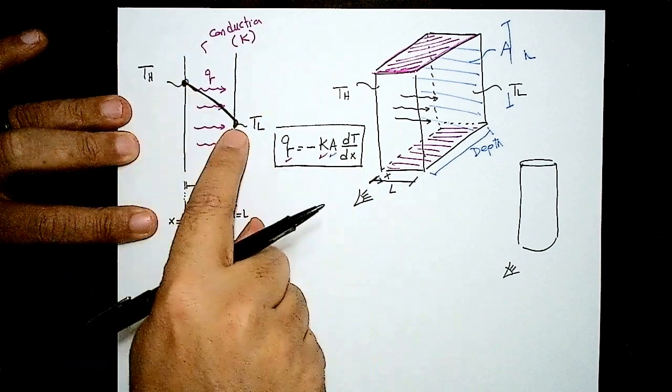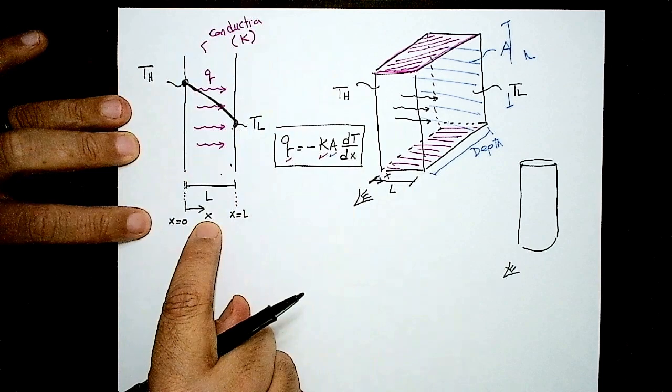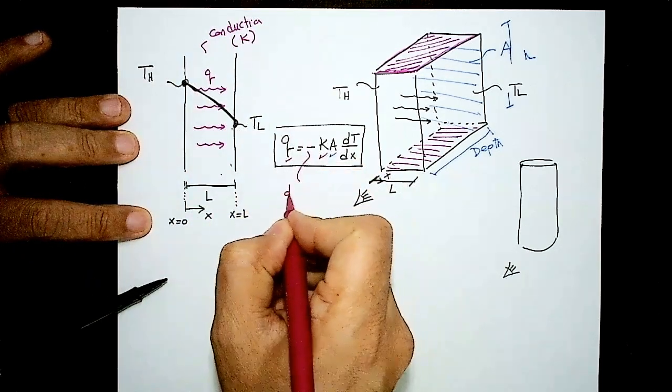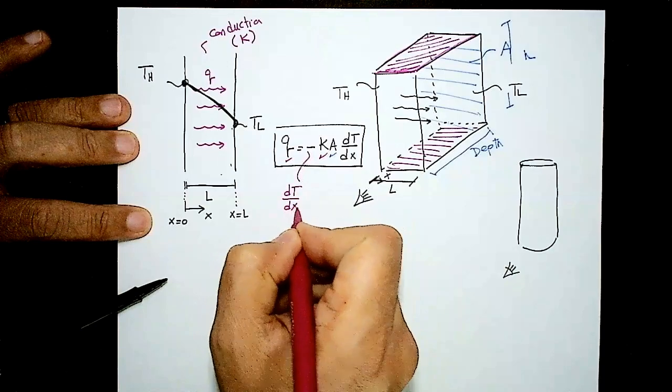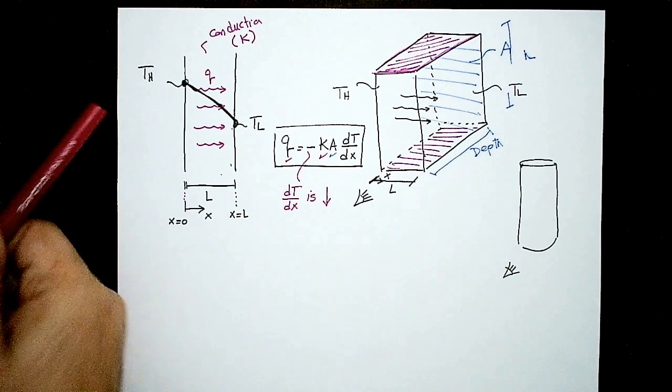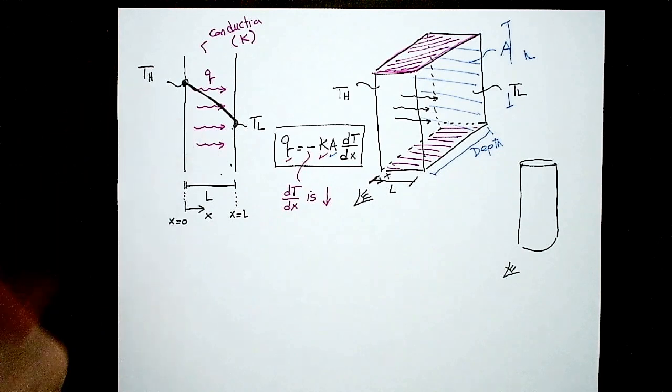So the change of temperature relative to x is decreasing, and that explains the negative sign here. Because dT by dx is going down, the slope of that temperature curve is negative.